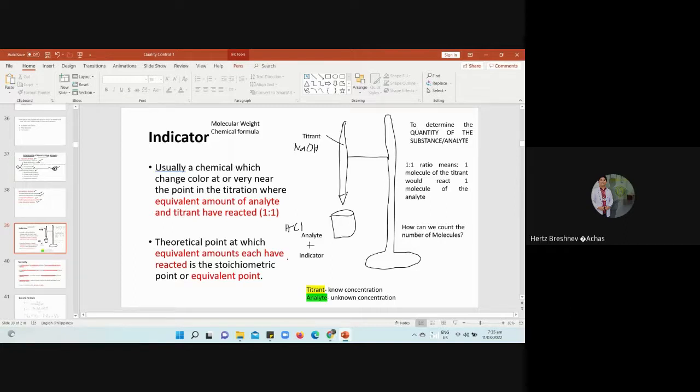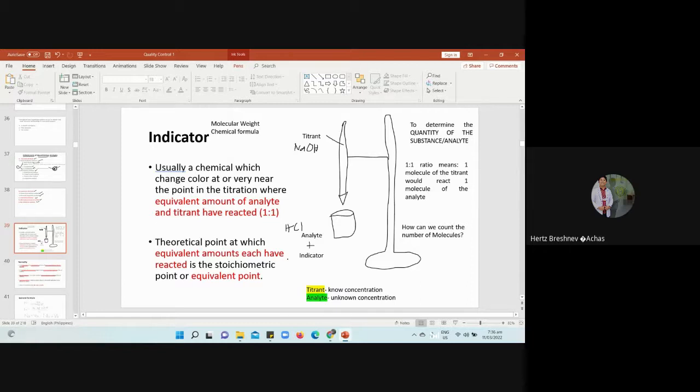So the biggest question, how can we count the number of molecules? Later on, there are formulas or methods on how to count the number of molecules. Okay?